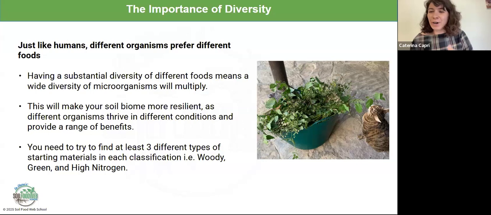So we are not necessarily finding all the groups of microorganisms in the same feedstock material. And in order to have as diverse biology as possible in our compost and ideally in our system at the end, we need to start with a diverse food typology, right? That brings different inoculum, but it's also going to be different food for different microorganisms' needs. Okay, we can move on.